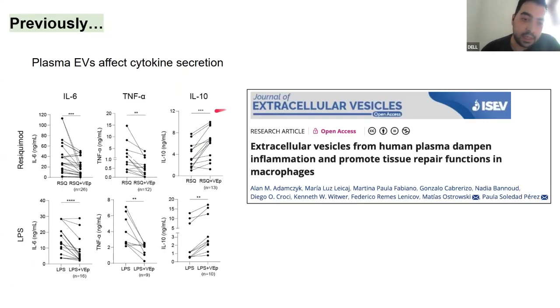So this result demonstrates that plasma EVs have an anti-inflammatory effect on macrophages exposed to microbial PAMPs.